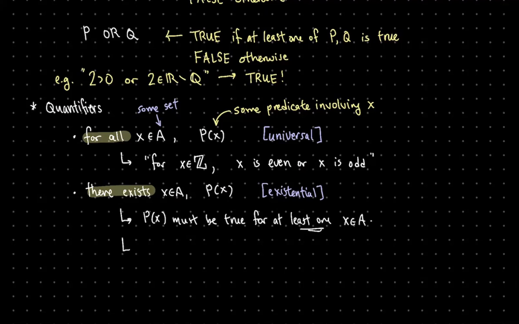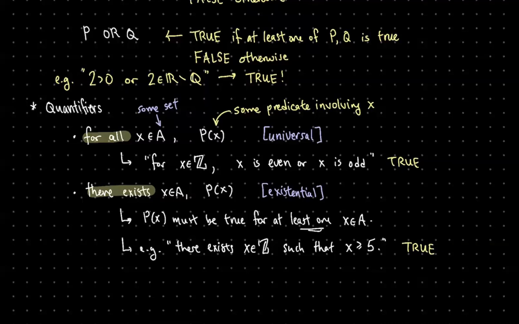Okay, and then as an example, let's say there exists an integer x such that x is greater than or equal to 5. This is a true statement. I think I should have written true here as well.